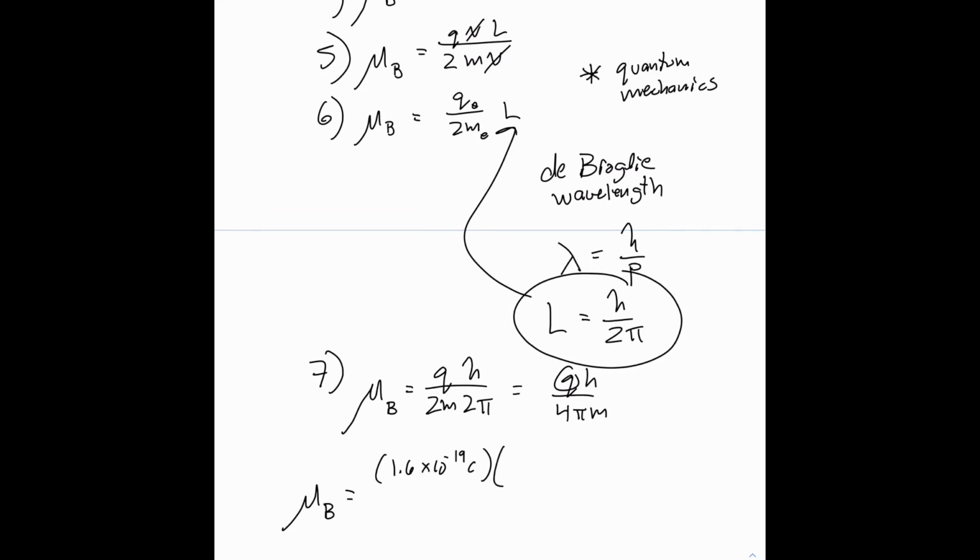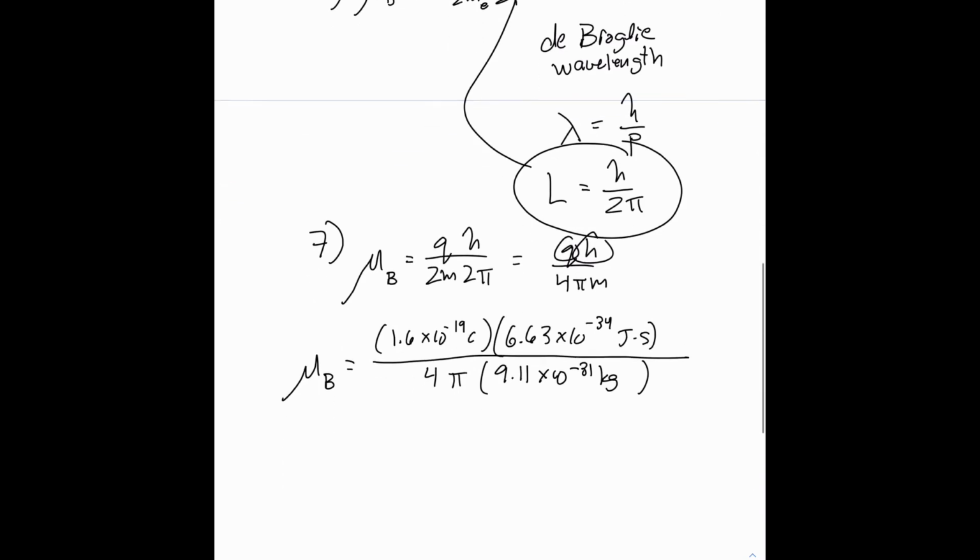I don't know if you're familiar with Planck's constant or not. It's 6.63 times 10 to the negative 34th joule seconds. Don't need to explain 4 or pi, and you probably know the mass of the electron is 9.11 times 10 to the negative 31st kilogram.